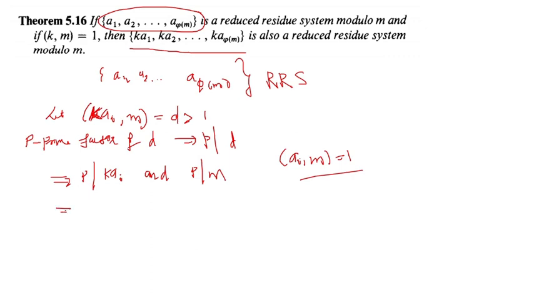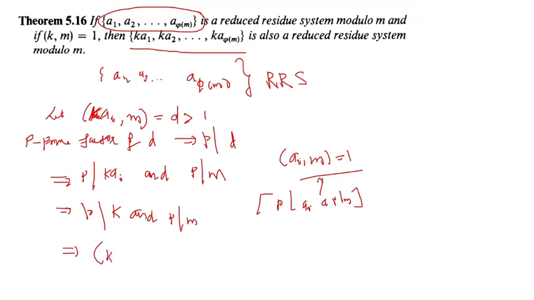Therefore, we will get p divides k and p divides m. Otherwise, we will get p divides ai and p divides m, and we will get a contradiction here. Therefore, we will get p divides k and p divides m. That means GCD of k and m is not equal to 1, which is a contradiction because given that GCD of k and m is 1.